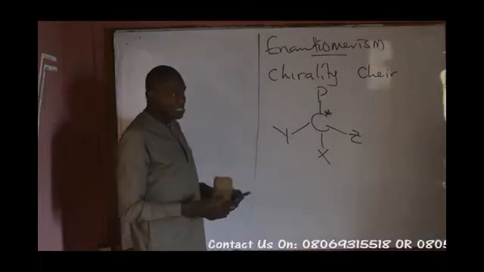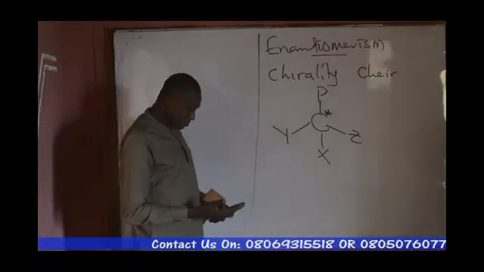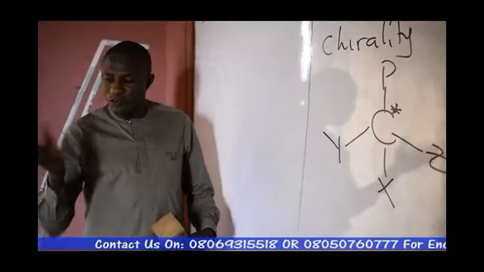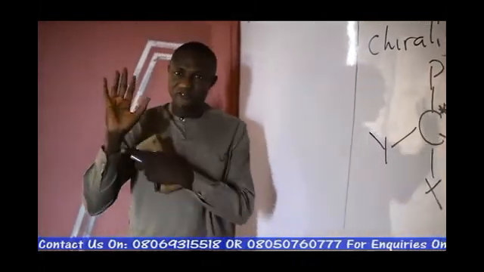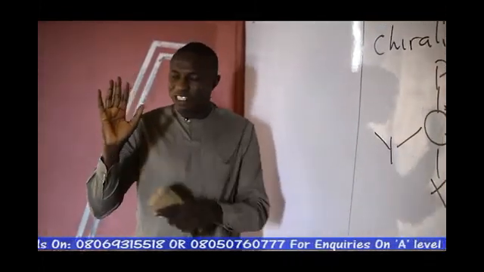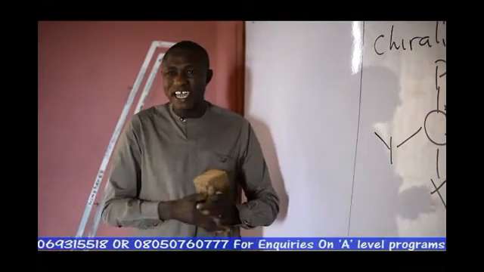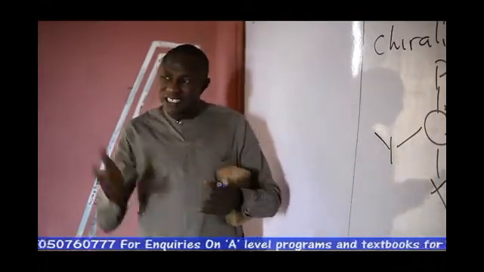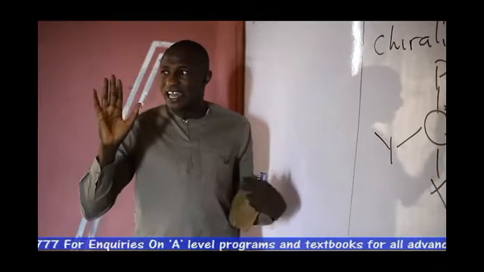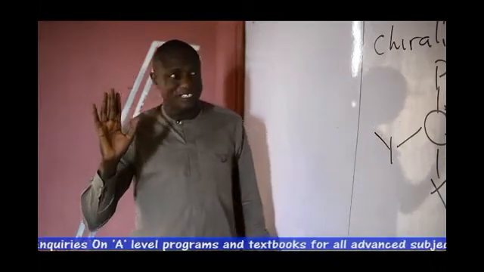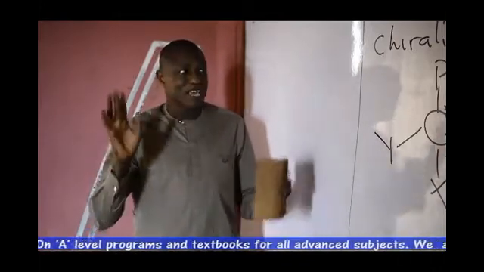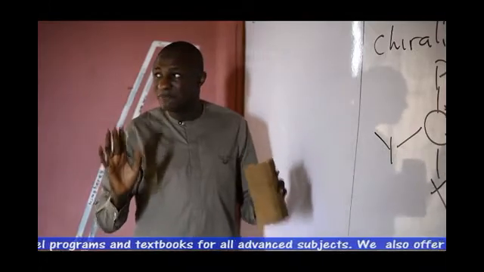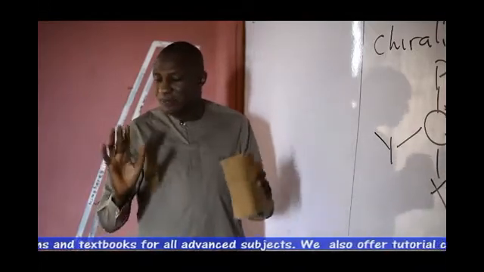Now, let's do a little experiment. If you place your right hand in front of a mirror, what is going to appear will look exactly like your left hand. You can try that. That means your hand is optically active. Being optically active means it exhibits what we call enantiomerism.